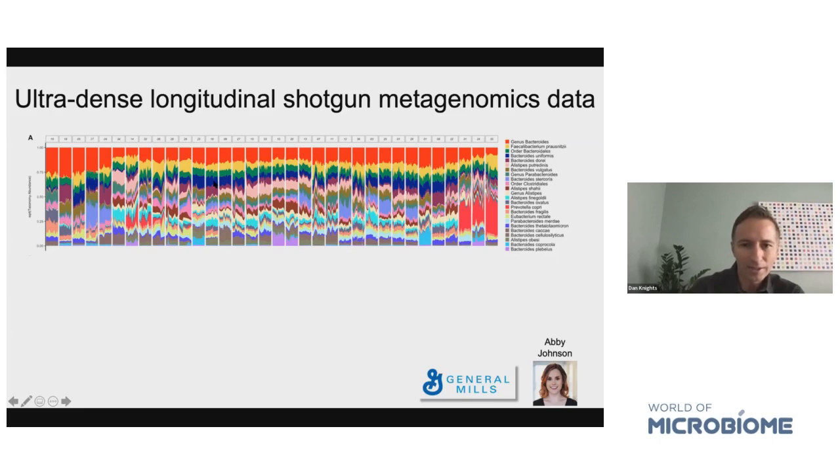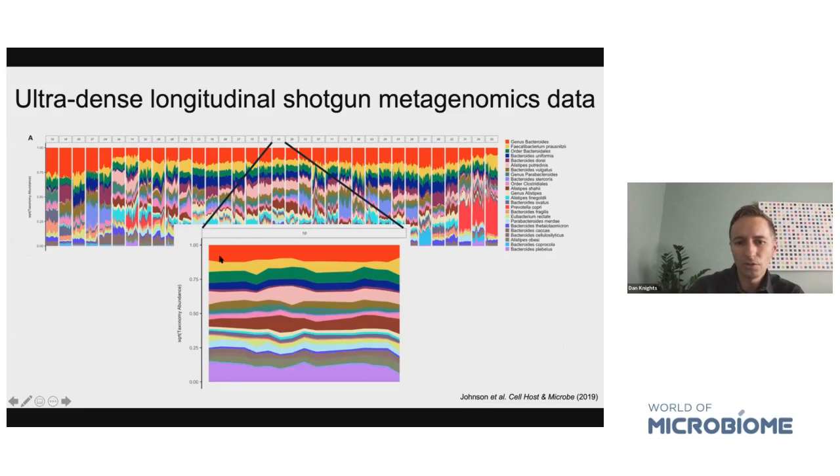And each of these boxes shows you that person's kind of profile and stability. So you can see some people are more stable than others. This is Abby's microbiome. She had the most stable microbiome. And some people are also quite different from each other.